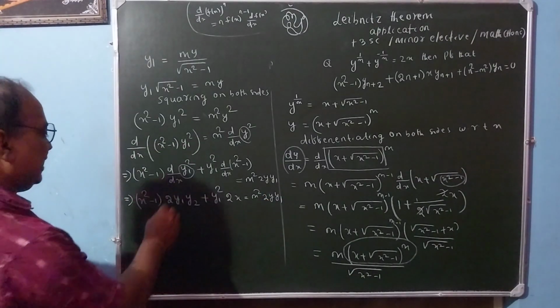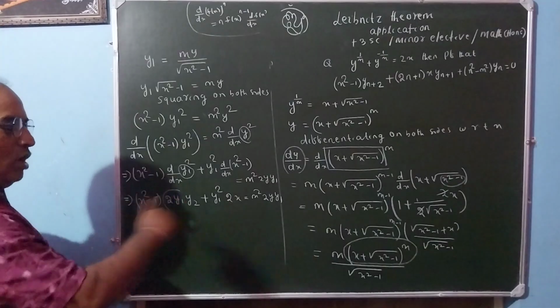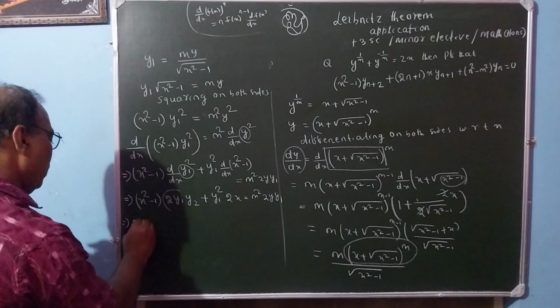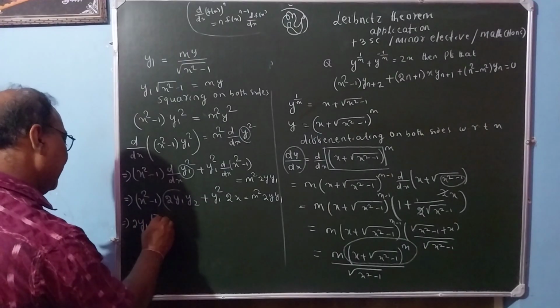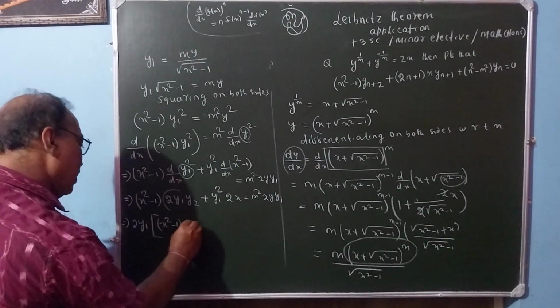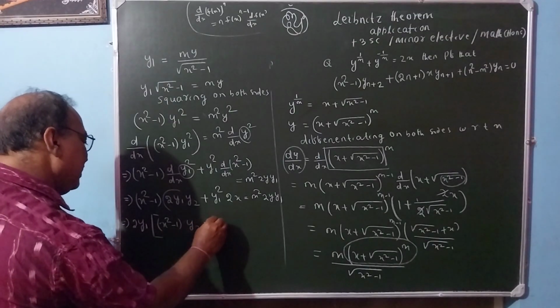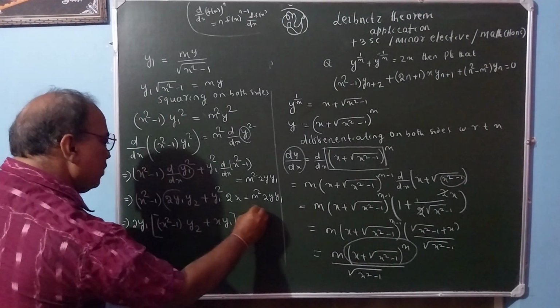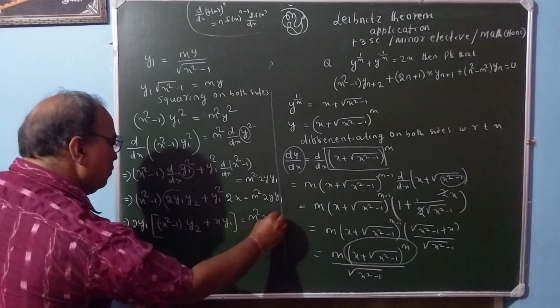Now we have to take 2y1 common. Taking 2y1 common, we get x square minus 1 into y2 plus xy1 is equal to m square 2y y1.